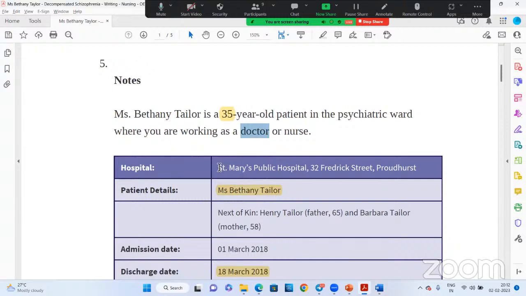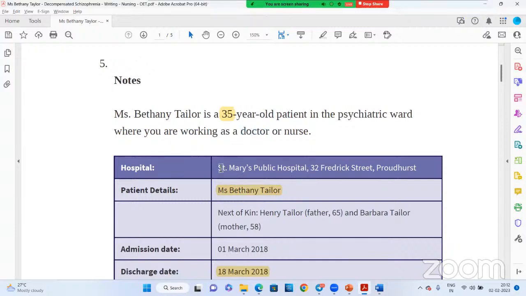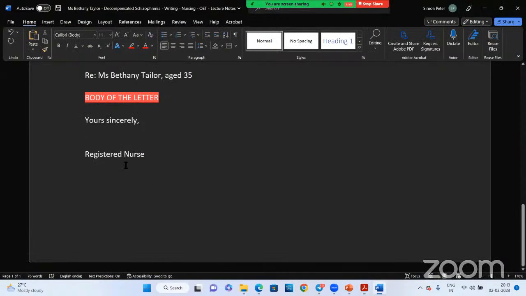The remaining address: St. Mary's Hospital, 32 Frederick Street, Southwest.